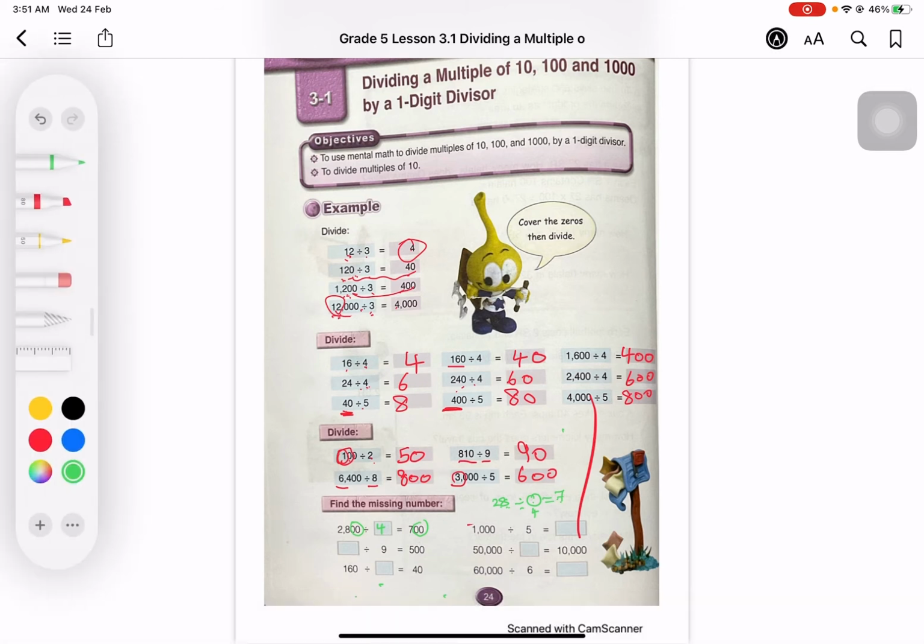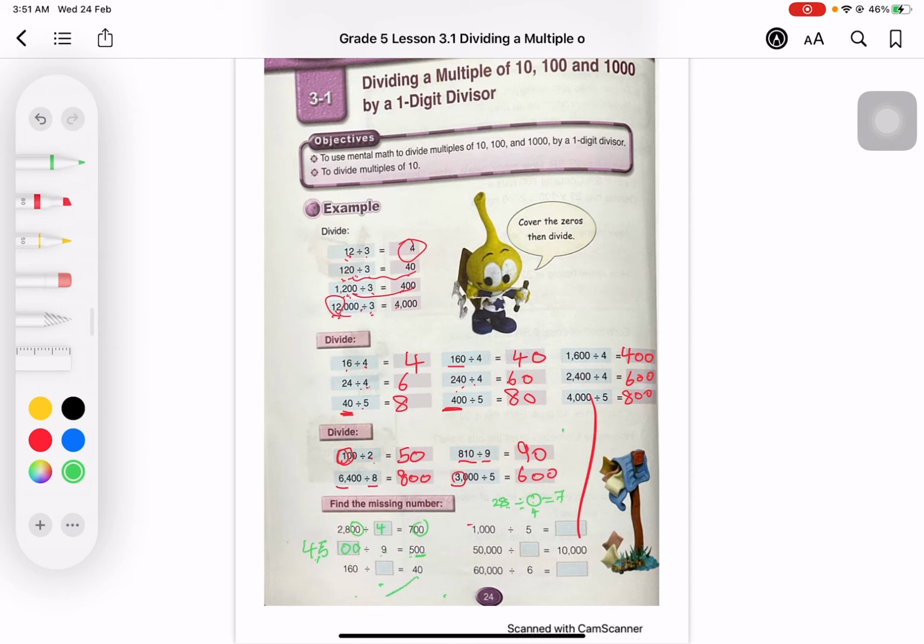You notice that I have 2 zeros here, okay? So the 2 zeros will be here. Now what number, if you multiply 9 by 5, what will you get? 45. So my number here will be 4,500. How will I solve this? Drop the 2 zeros, basic fact 45 divided by 9, 5.